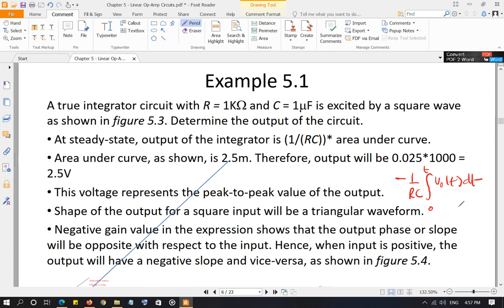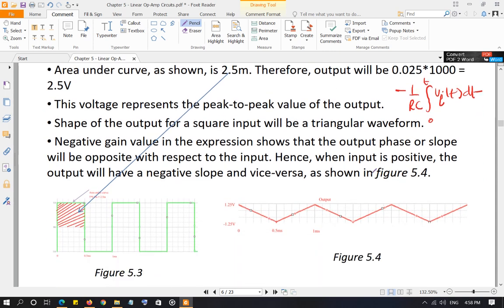And assume that the output at 0 is 0, so we're not going to put V not, we will assume it is 0.